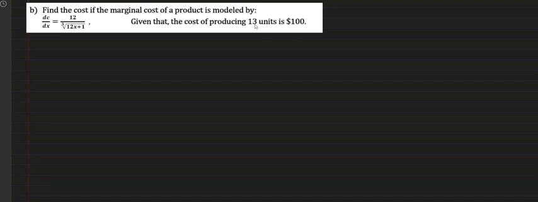So we know that the cost of producing this amount of units, which is denoted by x, this is the cost in dollars, so that's the capital C. So as if we're given a point, which we call the initial condition, we have for x its corresponding C, which is the 13, and its corresponding 100.